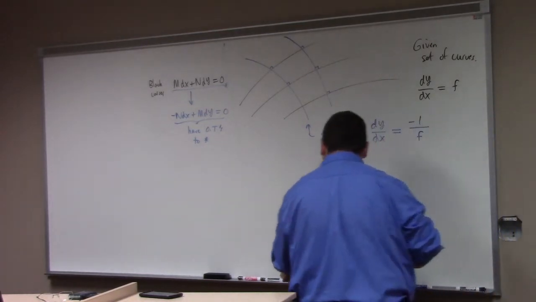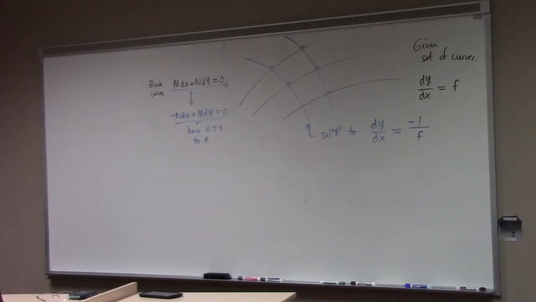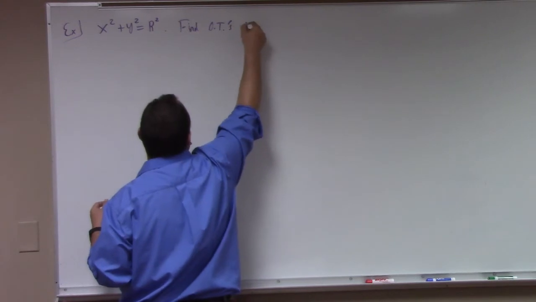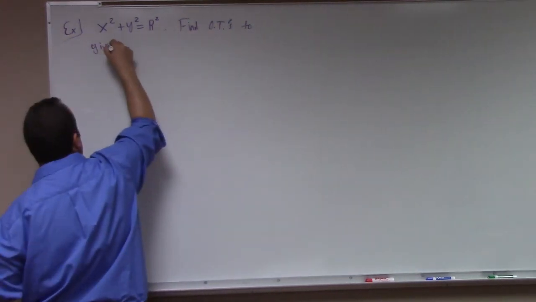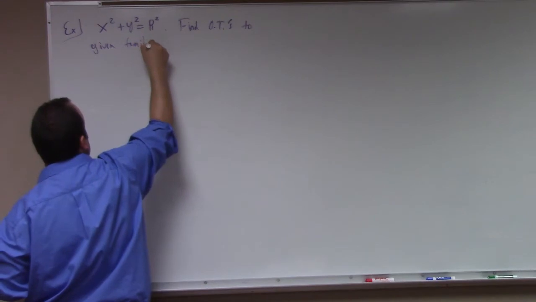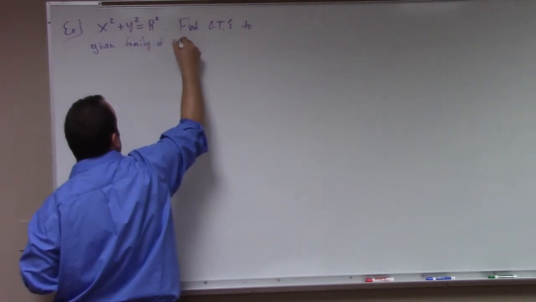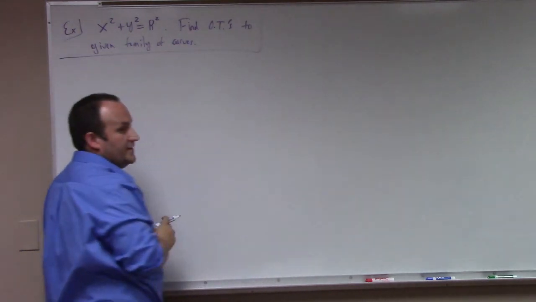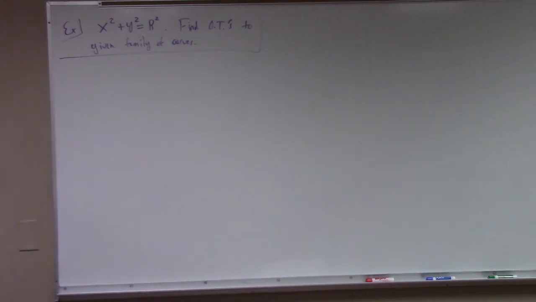For an example, let's see here. Let's consider x squared plus y squared equals to r squared, right? Find orthogonal trajectories to the given family of curves. Now, I actually think you could solve this problem without differential equations, right?